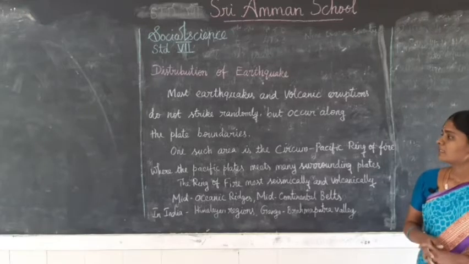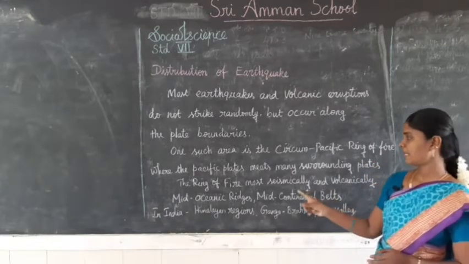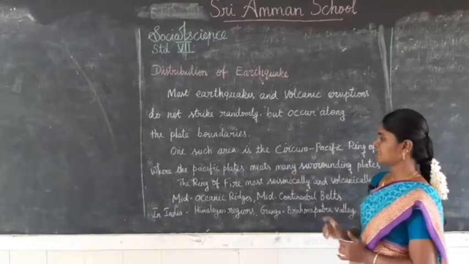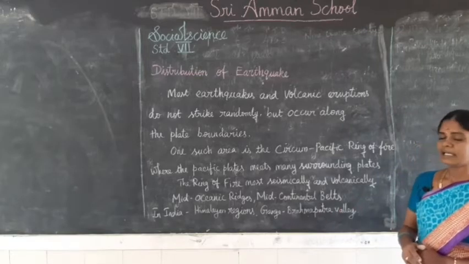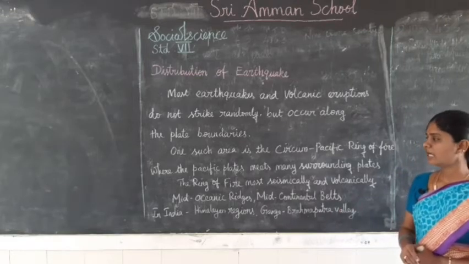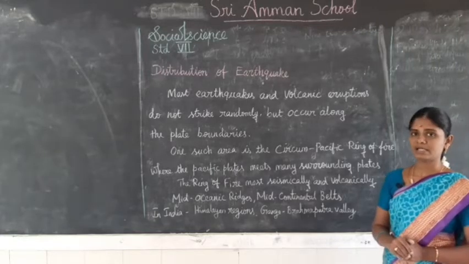The Ring of Fire is the most seismically and volcanically active zone in the world. The other zones are mid-oceanic ridges and mid-continental belts.